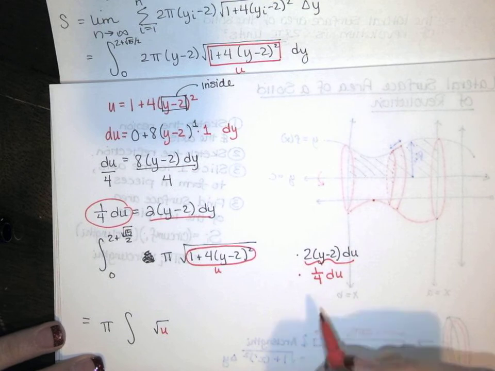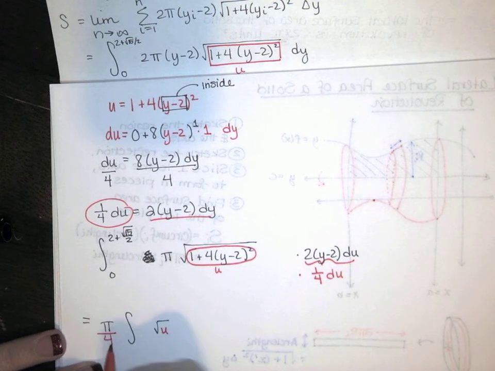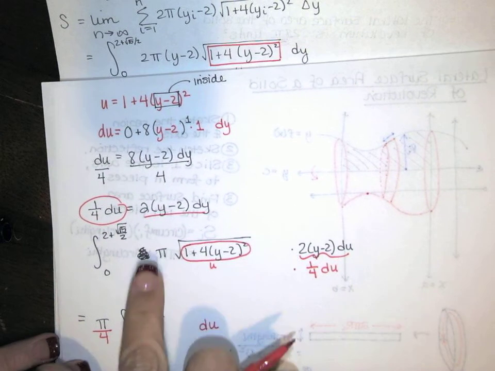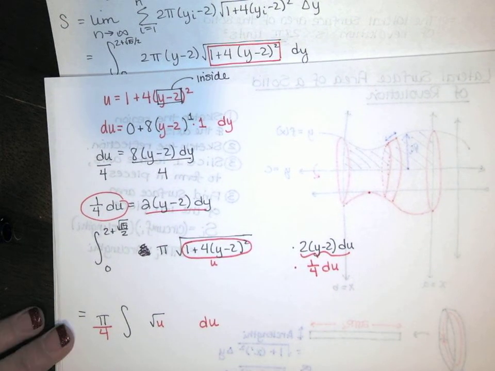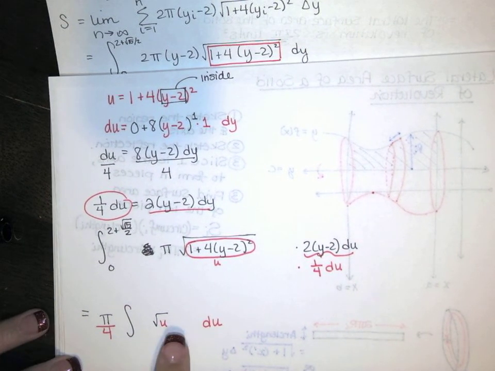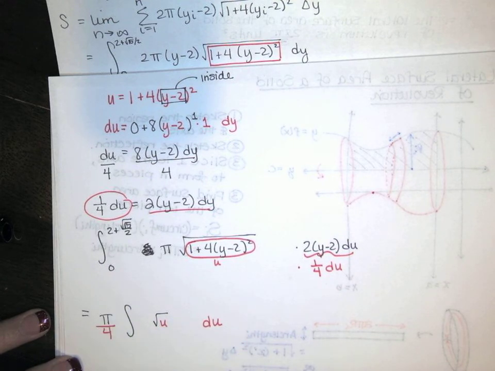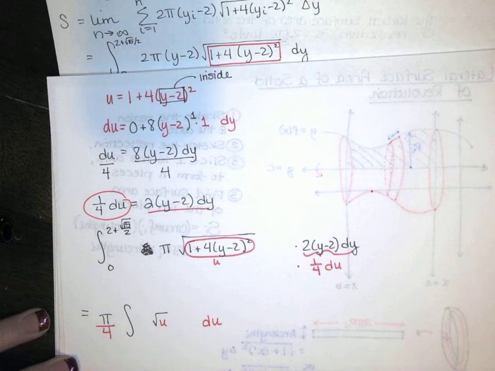You're multiplying by it, so you can bring the 1/4 out front and bring the du to the far right. Now this is not quite equal to that. I want it to be equal, but it's not equal. I need new bounds. So I have to figure out what u will be when, that should be a dy, not a du, sorry guys.